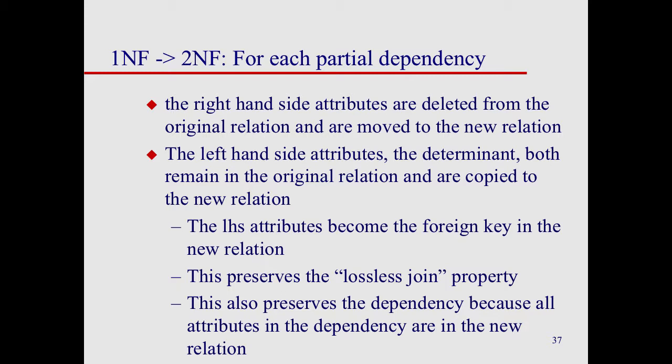So for each transitive dependency, when we go from second to third normal form, the right-hand side attributes get moved off to the new relation, and the determinant, the left-hand side, both stays in the old relation and is copied to the new relation, thus becoming the foreign key in the new relation. Because we copy all the attributes in our dependency into the new relation, we preserve that transitive dependency.